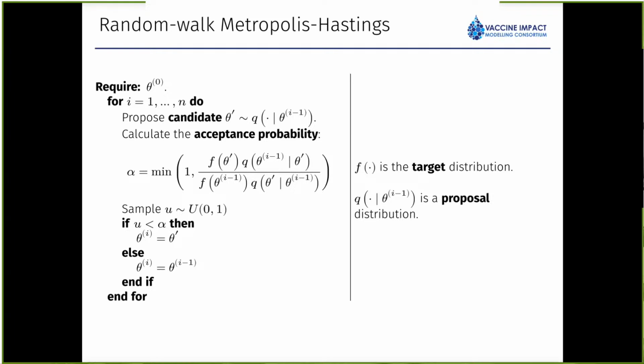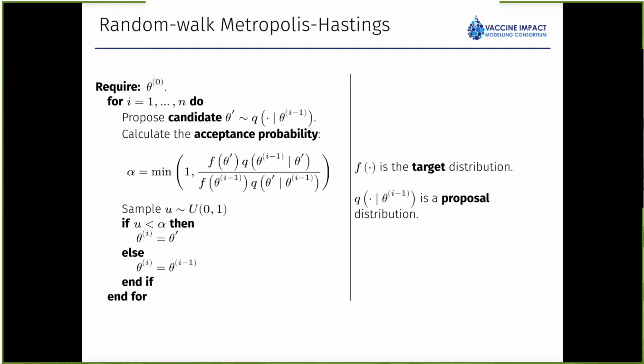That acceptance probability is a function of the distribution you want to sample from, which is f, and the proposal distribution. So this is the probability distribution for moving from my proposed value back to the value that I had at the last iteration. And this is the probability distribution for moving from the previous value to the proposed value. So this is just a ratio of these two distributions.